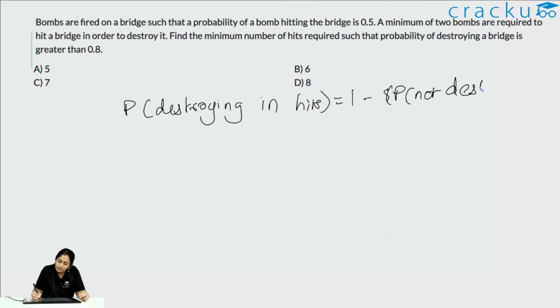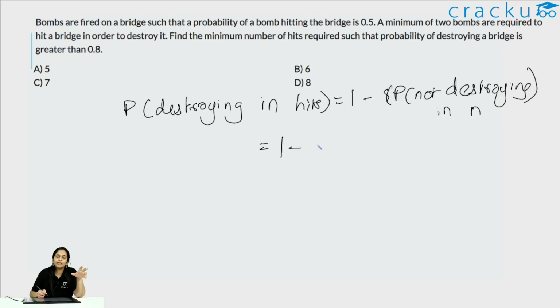If you are not destroying in n hits, that means out of n hits, less than 2 are actually hitting the target. Less than 2 hitting the target means that either 0 hit or 1 hits the target. So I have to consider the case where none of the bombs hit the target, that is, all n bombs miss the target.